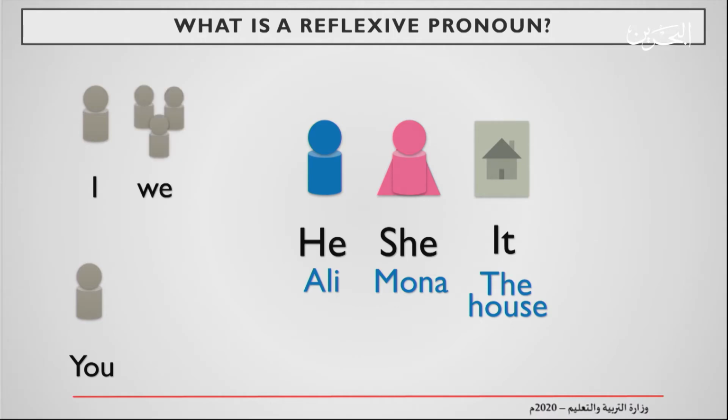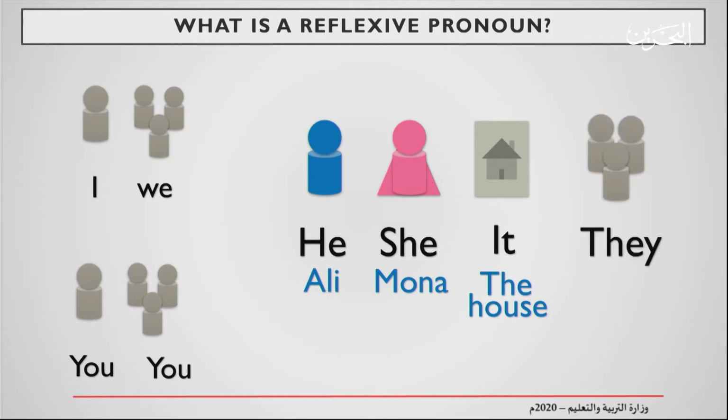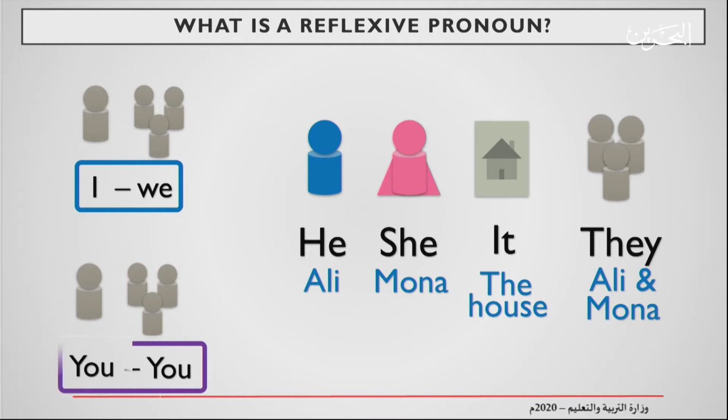Now let's go over to the plural pronouns. We have we. As you see, there are many. And then you. The first you is singular, one person. The second you is plural. They as plural, like Ali and Mona. So we have three categories here: I and we, the second one, and a third one.